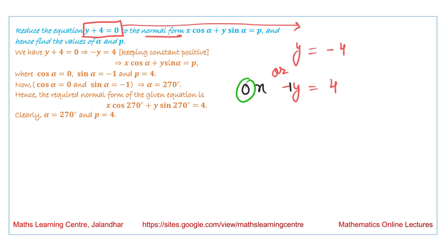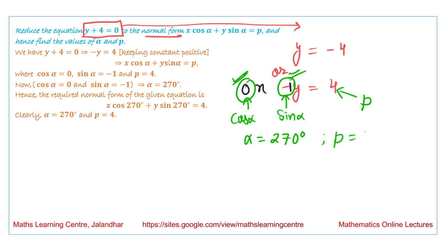Now this 0 is the value corresponding to cos alpha, this minus 1 is the value corresponding to sin alpha, and the value of p that we will have is equal to 4. So the value of alpha that we will have, we require the cos to be 0, we require the sin to be negative. So it is 270 degrees, and the value of p that we will have is equal to 4.